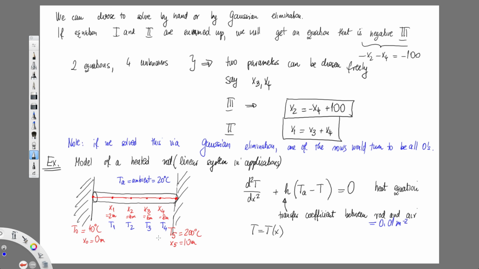So my numerical solution will simply find T1, T2, T3, T4 subject to this equation. Okay? That's how discretization of differential equations by and large works. So basically, we will look for T1, T2, T3, T4.